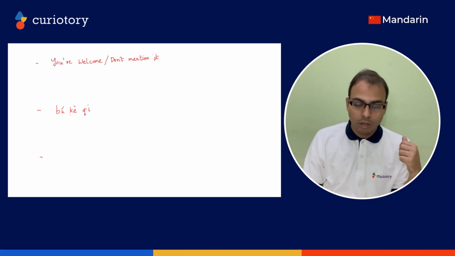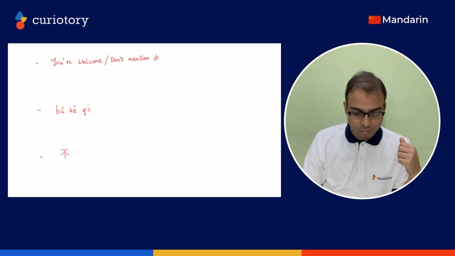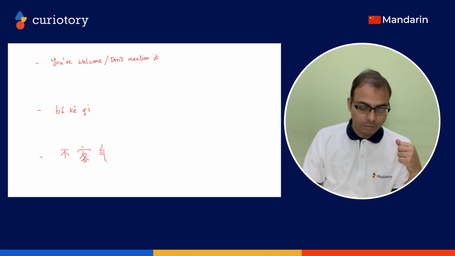And now the writing part. This is the character for pu, this one is for kh, and this one is for chi. Pu, kh, chi.